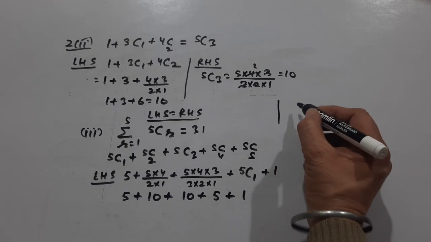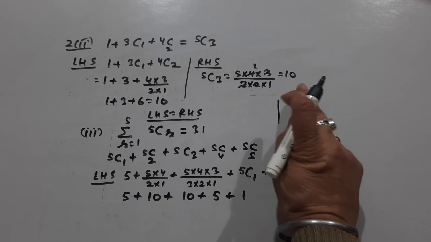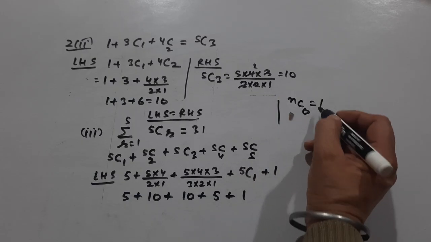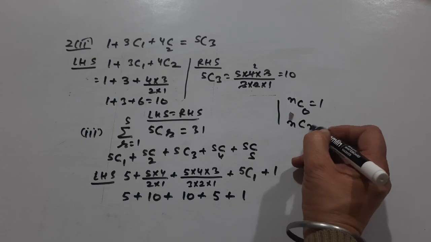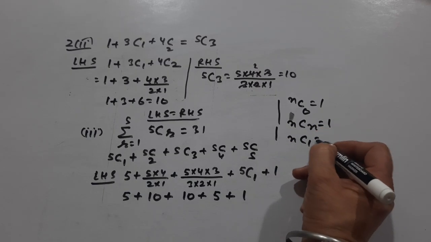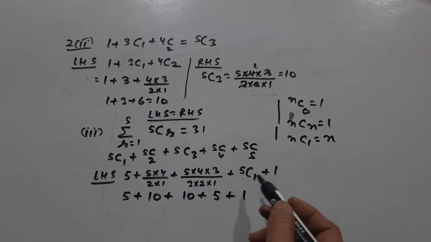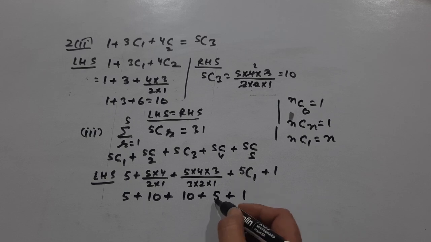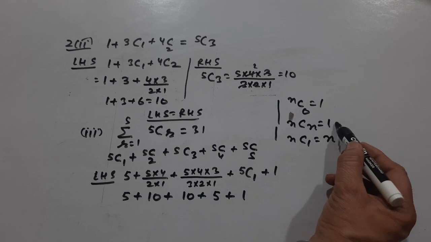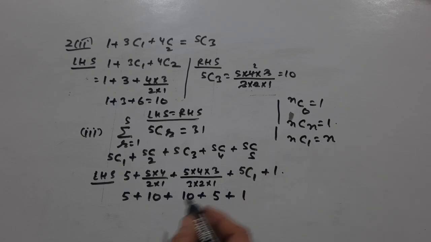I tell you students that in place of 5 we can write n. NC0 is 1, NCN is also 1, and NC1 equal to n. So 5C1 is 5 and 5C5 means NCN, which is 1.